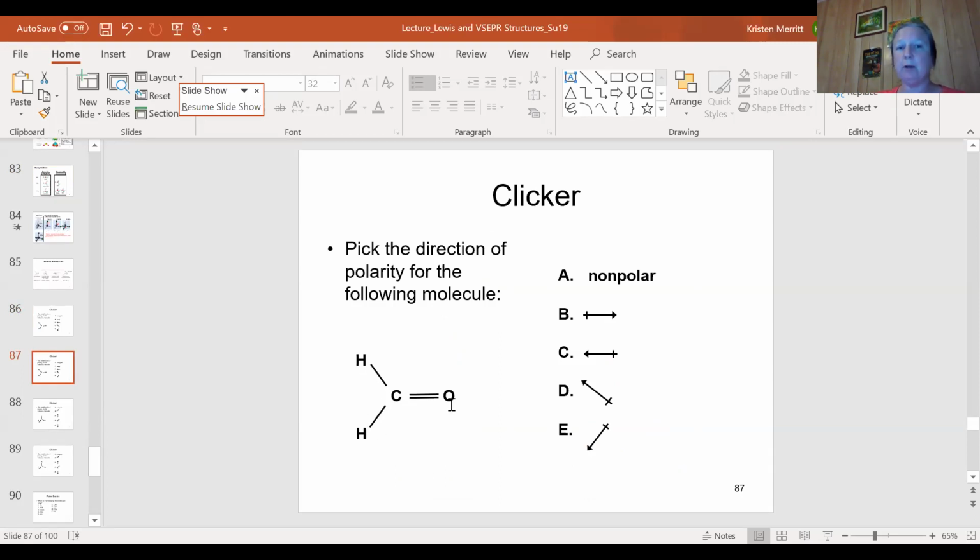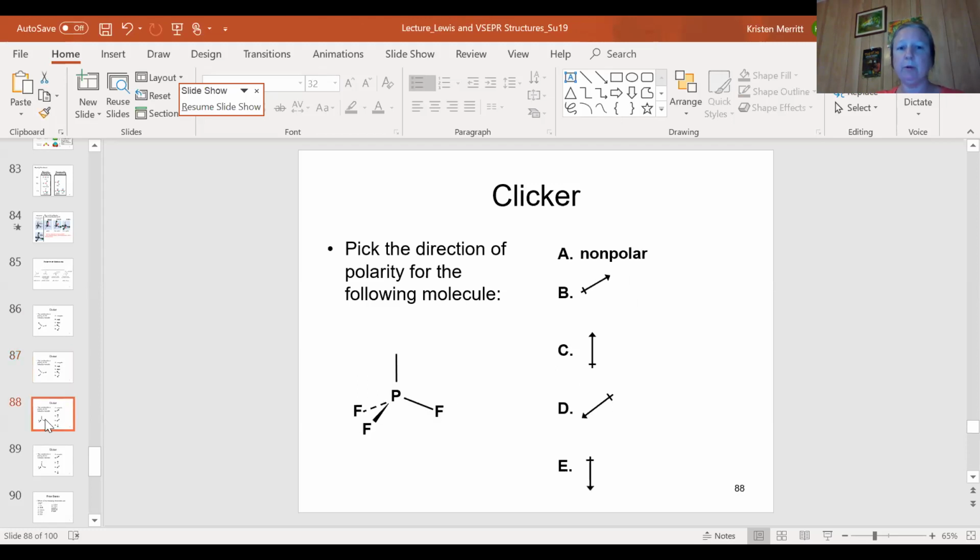AX3 is trigonal planar, but we do not have the same atoms around the central atom anymore. The carbon, of course, is more electronegative than hydrogen, but oxygen is more electronegative than carbon. So it's going to be in the direction of the oxygen, and your polarity vector is B. Okay, do you see that? In the direction of the more electronegative atom.